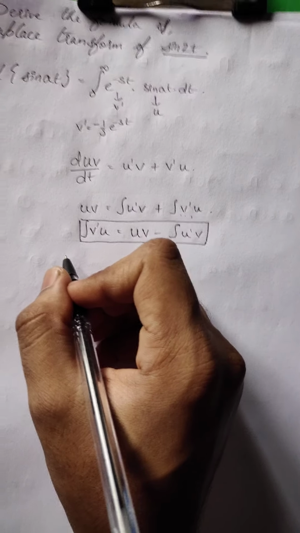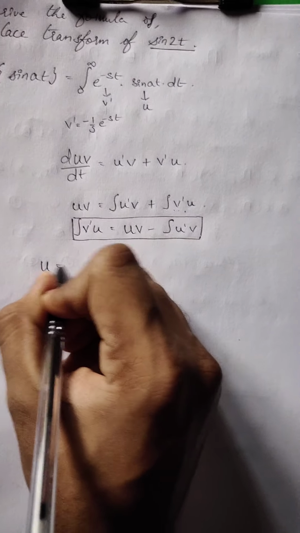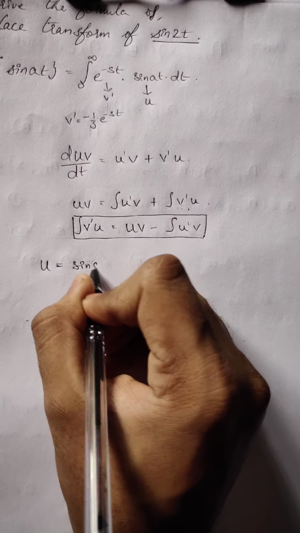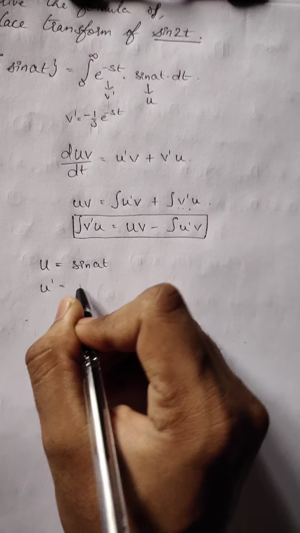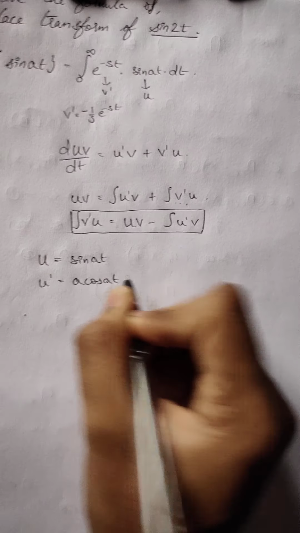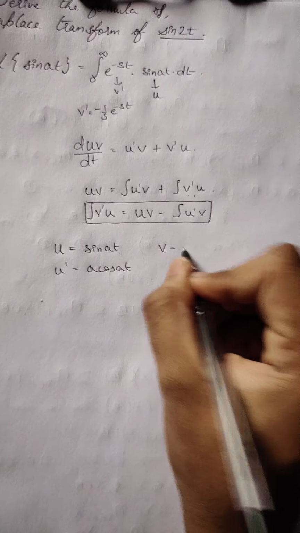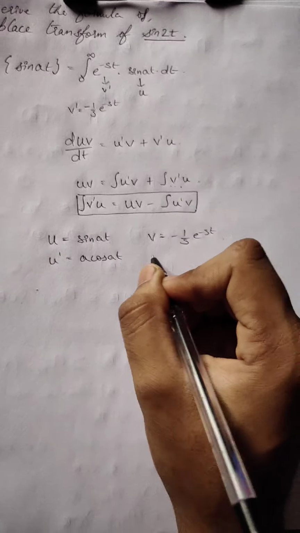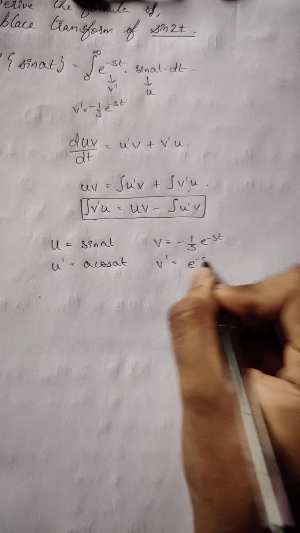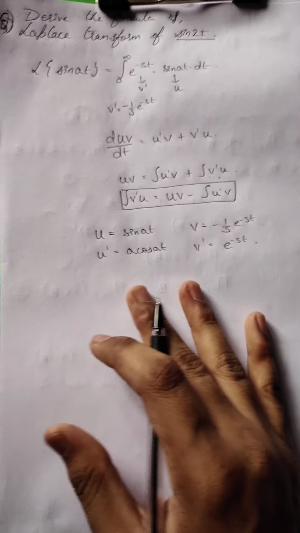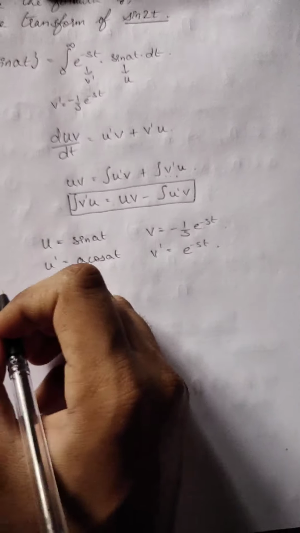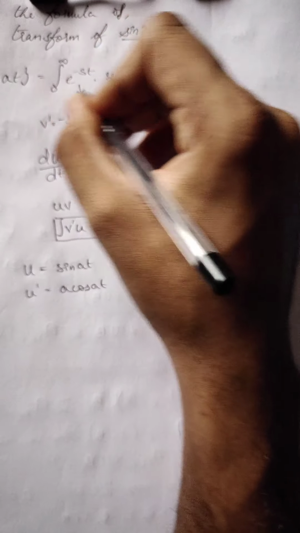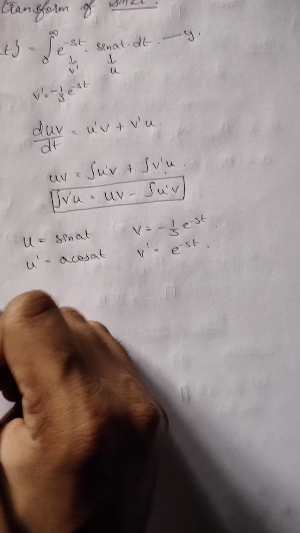So let us make our things clear now. Our u is sine at, so u dash should be a cos at, and our v is minus 1 by s into e power minus st, and v dash is e power minus st. Let us take this question as y.